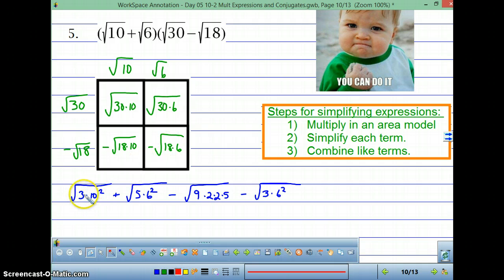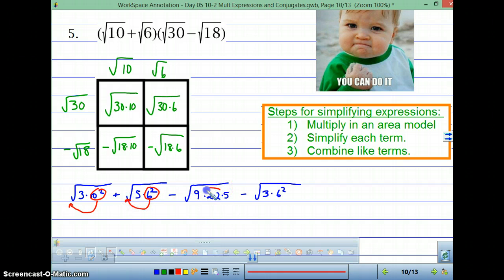Okay. Perfect squares come out. And here, we take the square roots of them out. This one's going to have 2 coming out. And here's the other perfect square. Take the square root of it out.